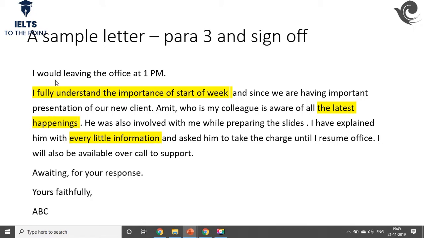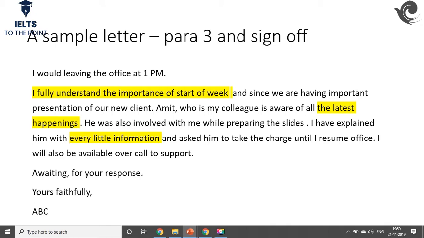And since we are having important presentation of our new client, so here is a big issue. I mean, the transition from this to this, I can't just make out how you went from explaining the time duration of the leave to I fully understand the importance of start of week.